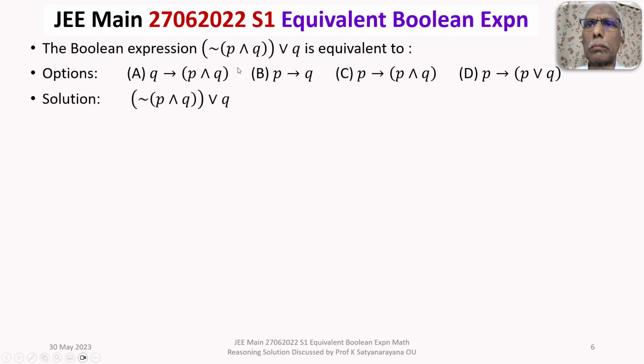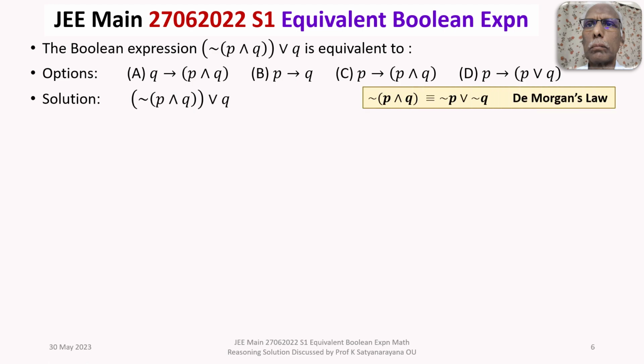We take the given Boolean expression, negation of (P and Q) or Q, is logically equivalent to. We apply De Morgan's law on negation of P and Q. What does De Morgan's law say?